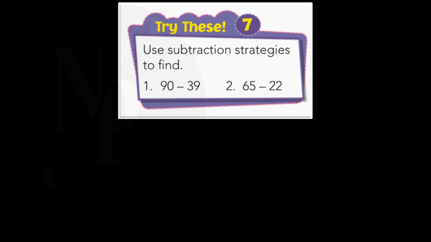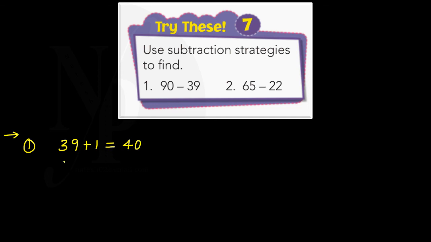Here question number 1, solution. We are writing solutions here. So we have to subtract 39 from 90. To make the subtraction easier, let us make this 39 as 40. If you add 1 to 39, it will become 40, isn't it? 39 plus 1 is 40.